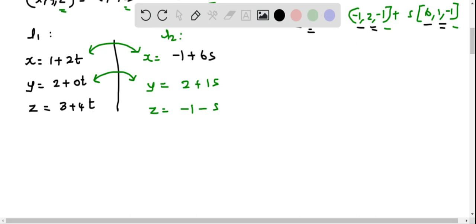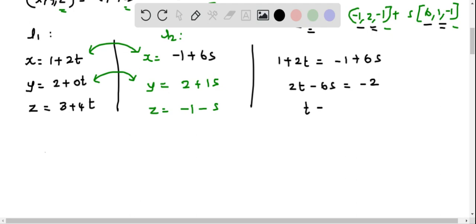The x coordinate of line 1 is 1 plus 2t, and this equals the x coordinate of line 2, negative 1 plus 6s. So we get 2t minus 6s equals negative 2. Dividing this by 2, this becomes t minus 3s equals negative 1. Let's say this is equation 1.